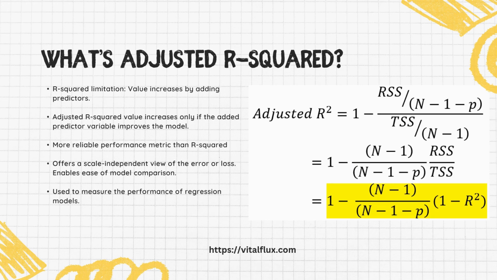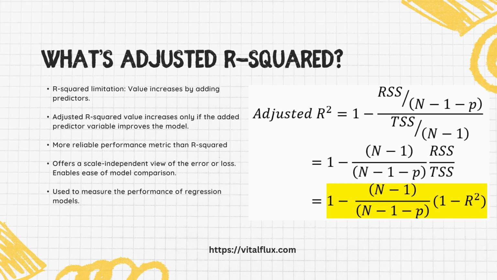Adjusted R squared addresses the limitation of R squared where adding an independent variable or a predictive variable increases the value of R squared. In case of adjusted R squared, the value increases only if the added predictive variable improves the model performance.